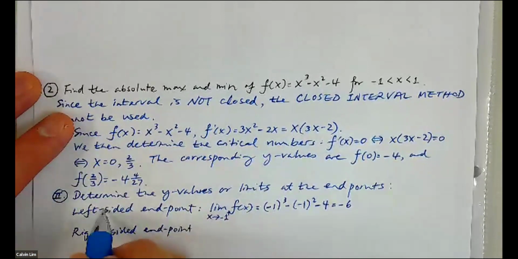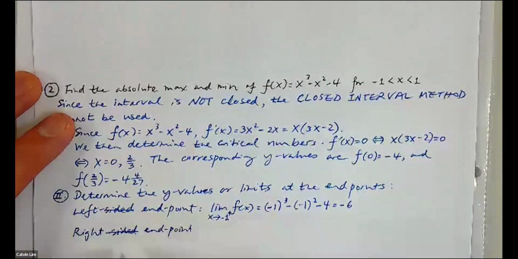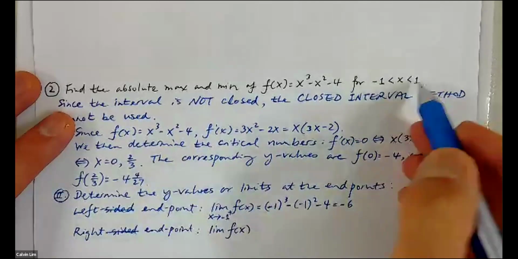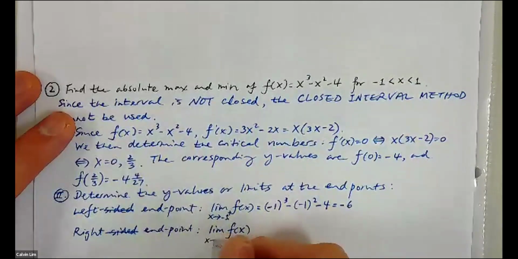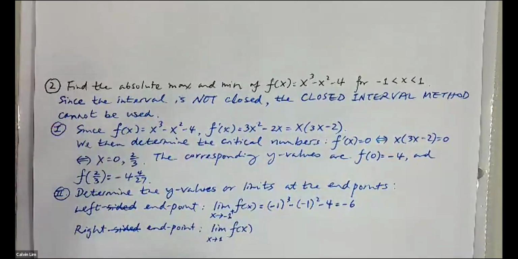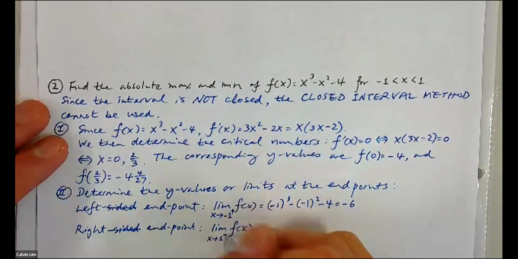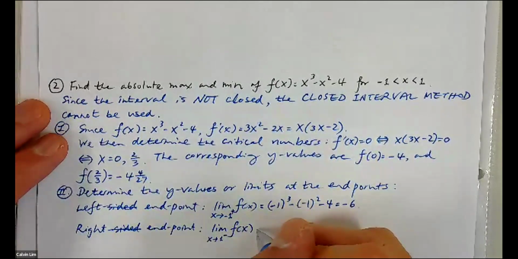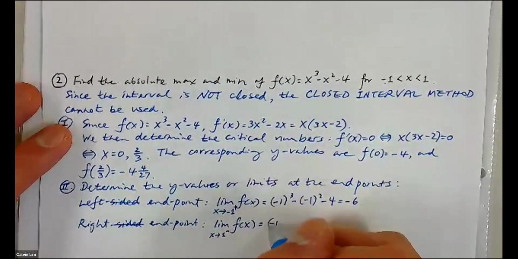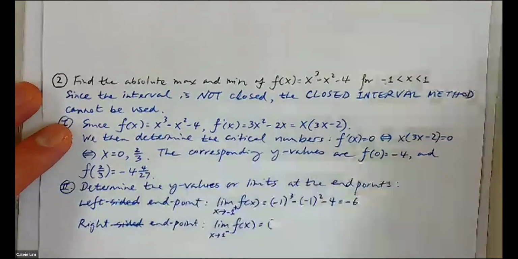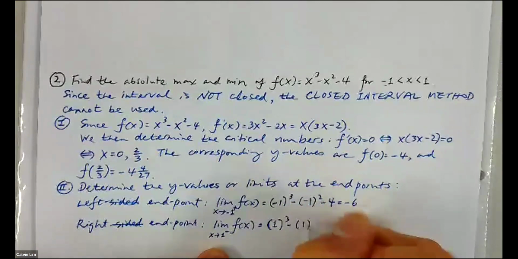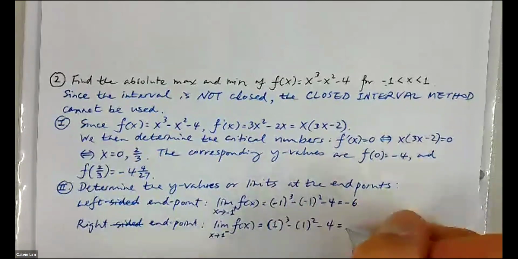The right endpoint is the limit of f of x as x approaches 1 from the left or from the right? For a right endpoint, the limit is from the left. Again, it's a polynomial function, so you just use direct substitution. Now it's 1, not -1, right? 1 cubed minus 1 squared minus 4. So that is -4.